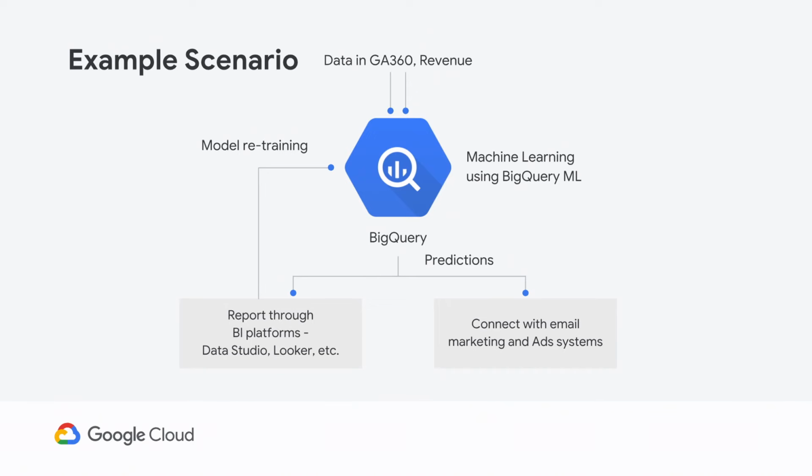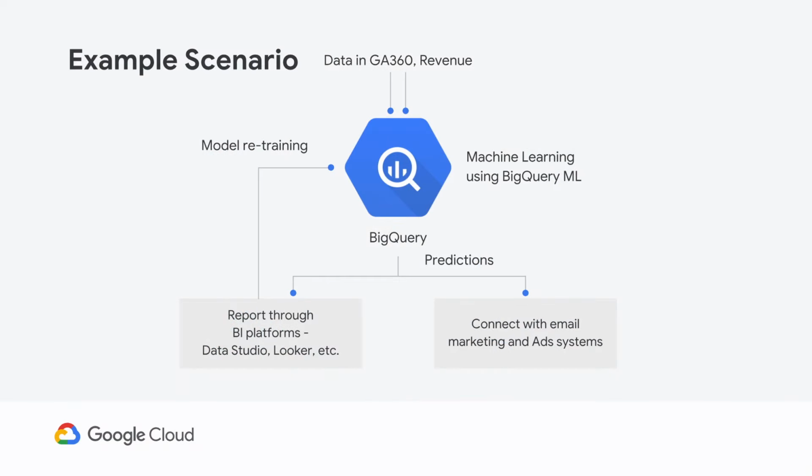Since this is part of the BigQuery API, you can use these predictions both to connect to your action systems, which could be email marketing or ads, and to add them directly to the dashboard of your choice, because BigQuery works with almost all BI platforms out there. Our customers already have the setup of downstream systems, and it makes it very easy to add machine learning to it.